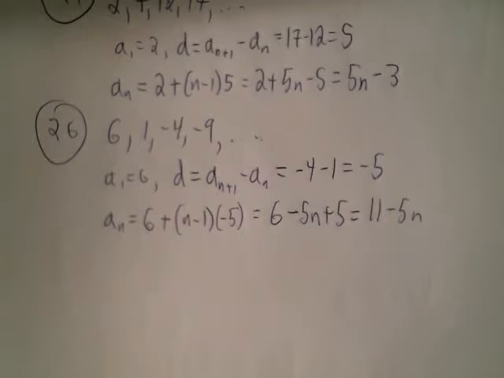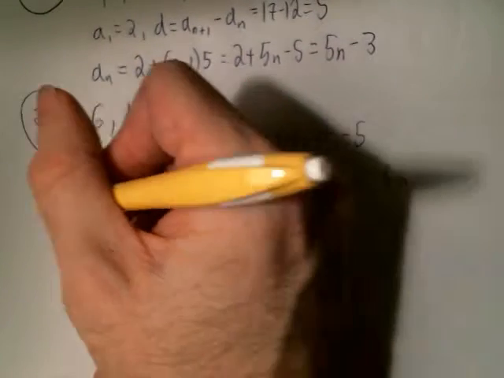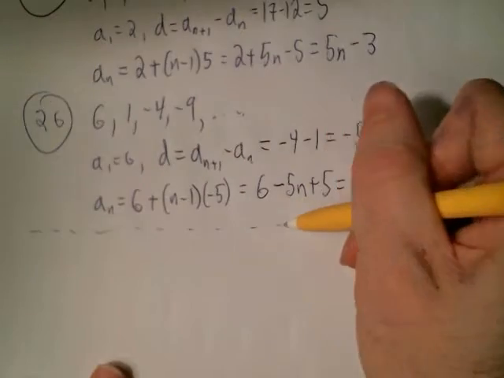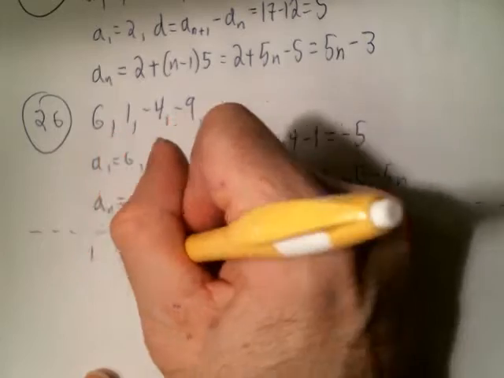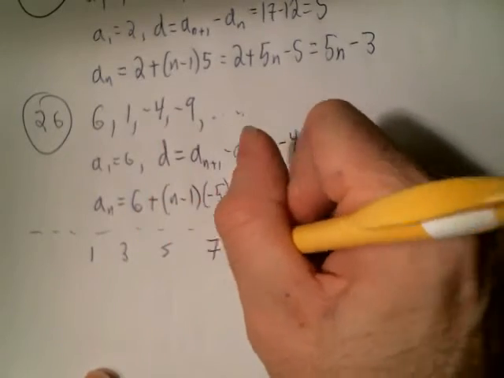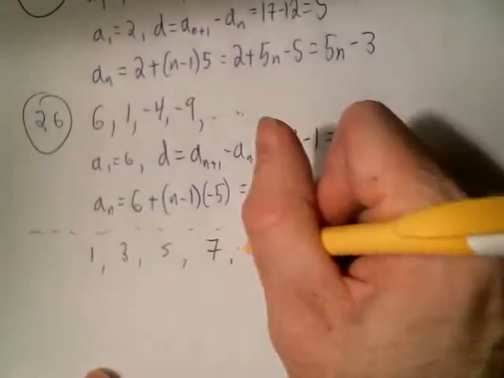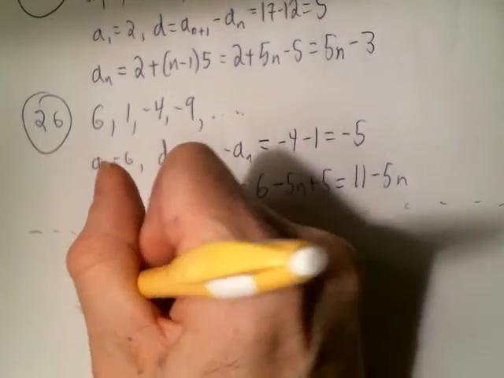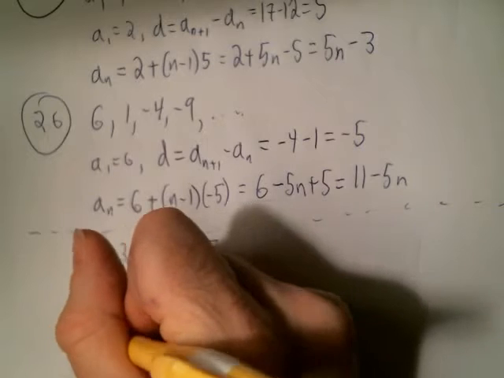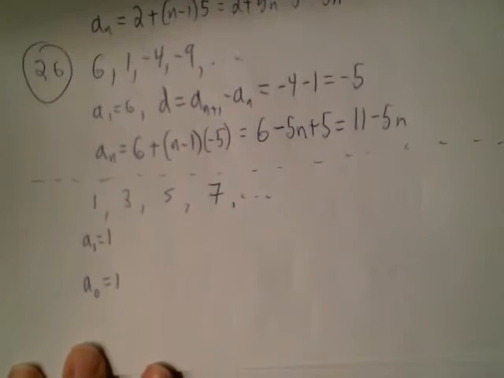Okay. There is one small issue which doesn't come up in our class, but it comes up eventually, and somebody should talk about it. It's what happens if I want to start with my first term being 0. So instead, let's say I have 1, 3, 5, 7, and so on. Instead of saying I want a sub 1 to be 1, let's say I wanted a sub 0 to be 1.